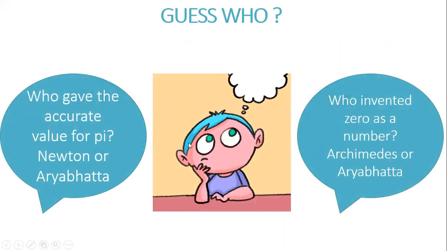Can you guess who gave the accurate value for pi, 3.14? Is that Newton or is that Aryabhatta? Or who do you think invented zero as a number? Was that Archimedes or was that Aryabhatta again?